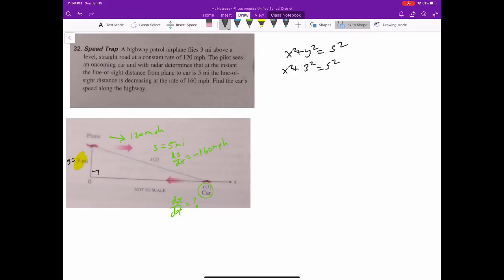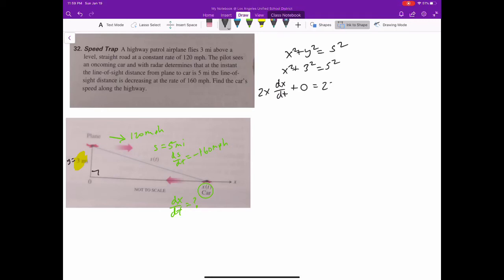We'll take the derivative of that because we need to find dx dt, and we also need to plug in ds dt. So 2x dx dt plus, the derivative of a constant is 0, right?